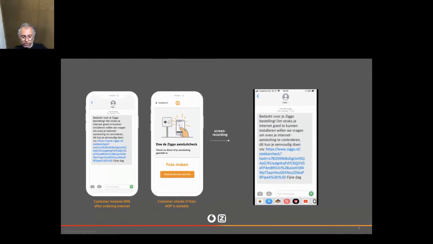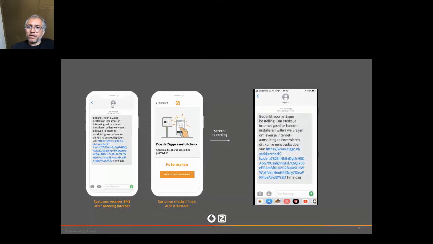But not only that, also the whole pipeline where, when a customer buys something, the customer should be aware of how they can do the check that will match their AOP, the socket plate on my wall, with the product that I have just acquired. So after buying something, the customer gets an SMS with a link, and then with that link they can move on and do the check.